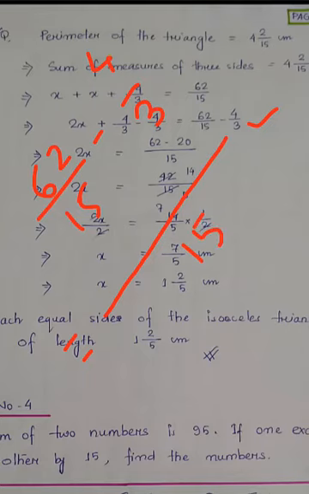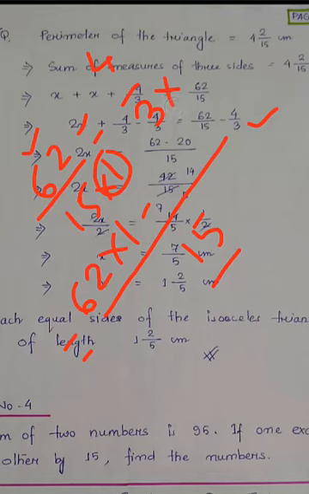Now, 15 into 1 results into 15. So this one gets multiplied to 62, resulting into 62 into 1 in the numerator part, followed by the minus sign. Then 3 into 5 is equal to 15.